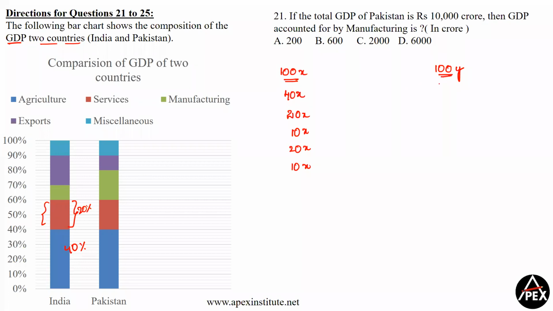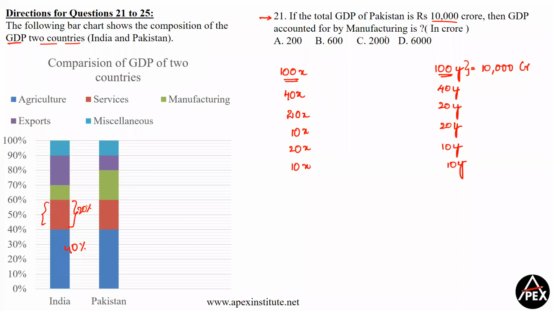In Pakistan, 40y is spent on agriculture, 20y on services, 20y on manufacturing, 10y on exports, and remaining 10y on miscellaneous expenses. Now, if I look at 21st question, if the GDP of Pakistan is 10,000 crores, so this total 100y is equal to 10,000 crores.